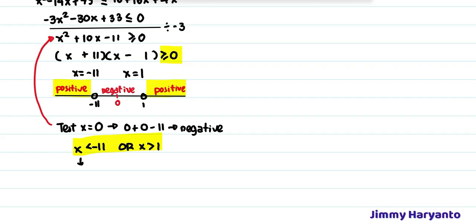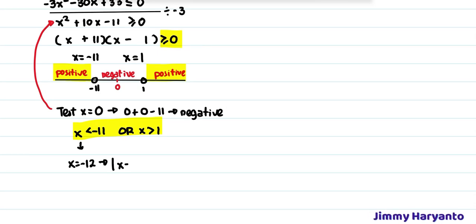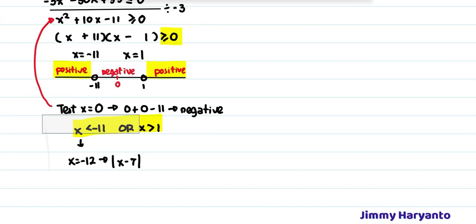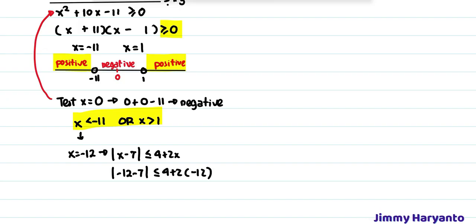Let's take one number from this range of values of x. The closest is negative 12, x equals negative 12, and then check it in our question, absolute value of x minus 7 is less than or equal to 4 plus 2x. That means the absolute value of negative 12 minus 7 is less than or equal to 4 plus 2 times negative 12.